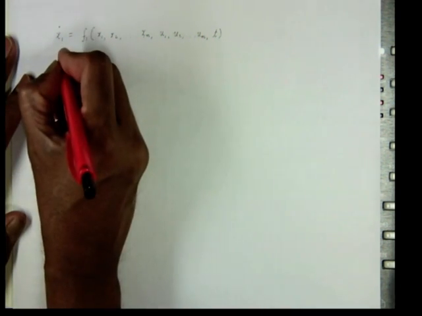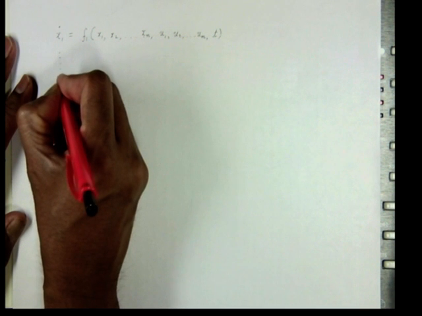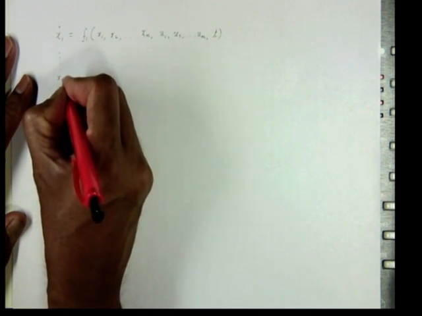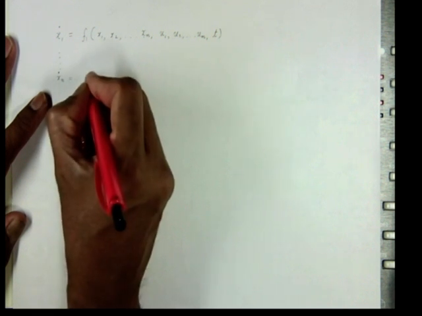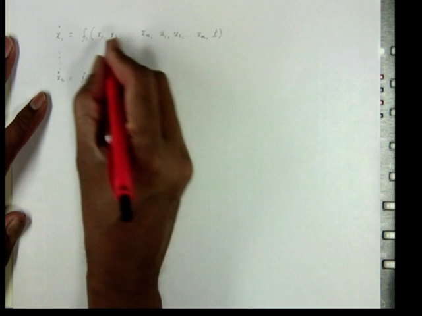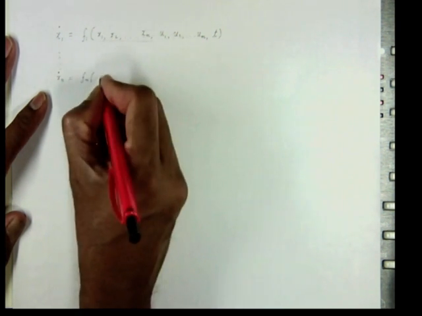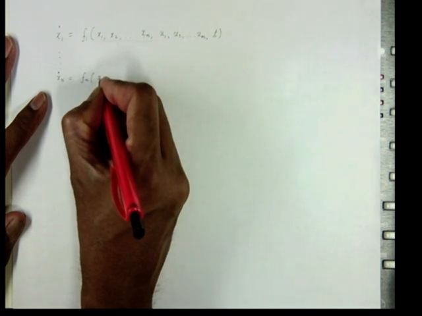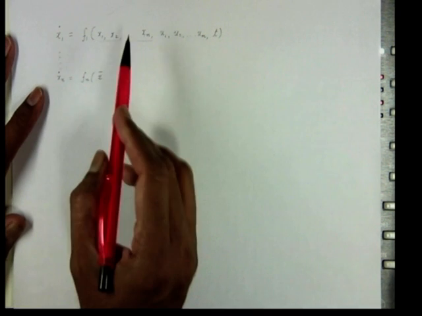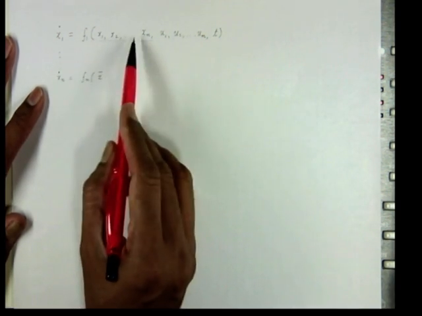The same thing we can do for all the states. We can have n of them. So for n states we have n differential equations like this, up to Fn, and instead of writing x1, x2 up to xn each and every time, I am going to compact it and write it as the x vector. It's a state vector indicating the order in which these states have been taken.